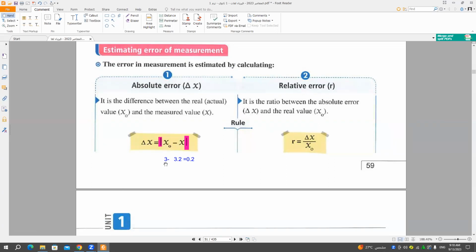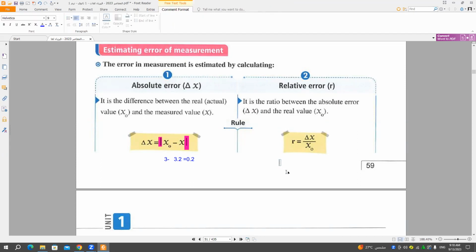For our example, the relative error of the mass of the ring equals 0.2 divided by x naught, which means m naught, equal to 3.